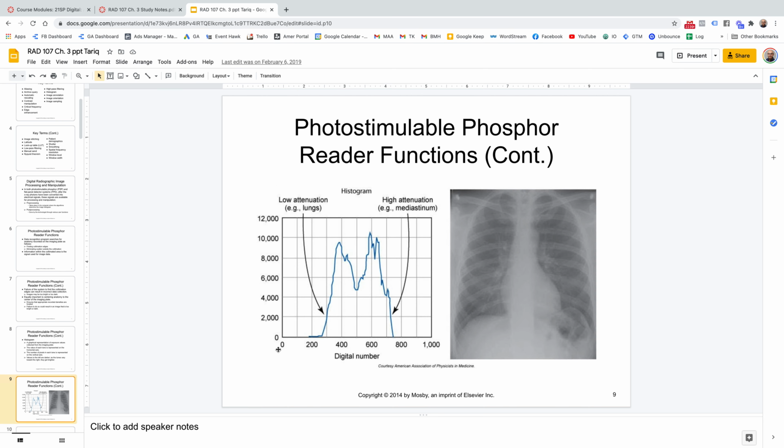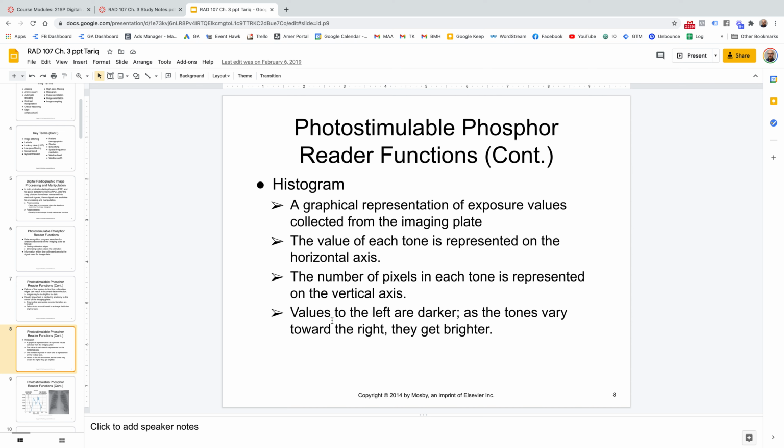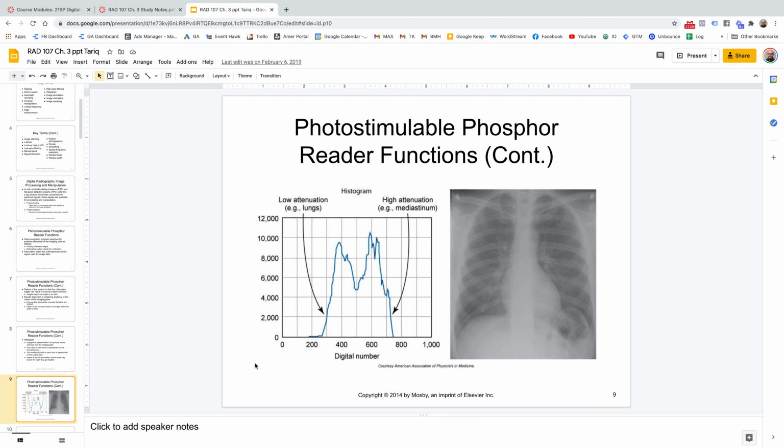So the digital number is here, and the number of pixels is here. The values to the left are darker, and the values to the right are brighter. This is the lowest attenuation, which is the lungs, so they're the darkest. This is the highest attenuation, which is the mediastinum, so they're the brightest. So this is what a histogram of a chest X-ray looks like. It's a graphical representation of that image.